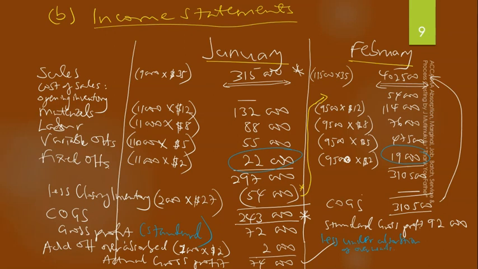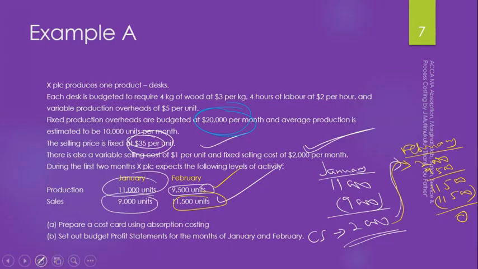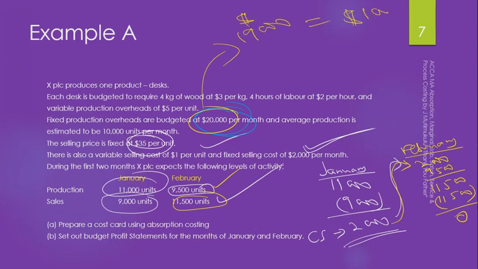And how much is this under absorption? We had budgeted to incur 20,000, but we incurred 19,000. So obviously, in terms of dollars, that's 1,000.